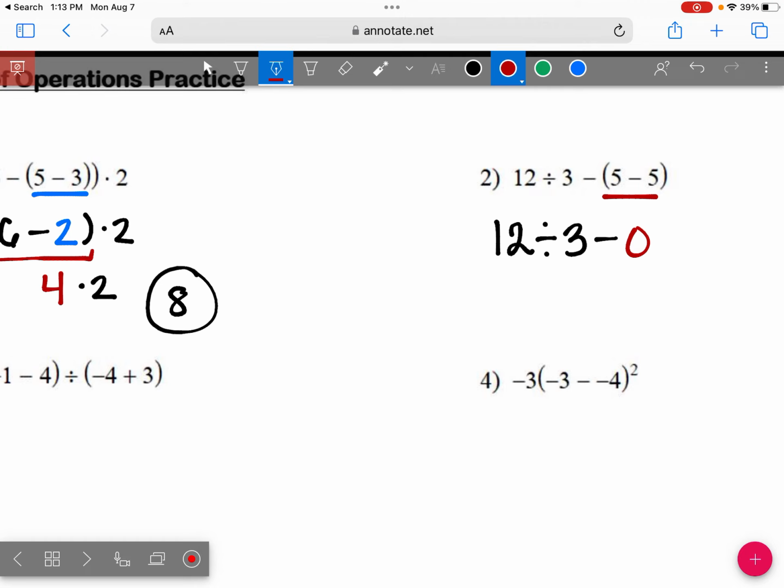What operation comes next? Division or subtraction? Raise your hand if you say division. Who says subtraction? It is division. Good job. So 12 divided by 3 is 4. And 4 minus 0 is 4. All right, I want you to try to do number 3 by yourself. We're going to end at question 4, so we just have 2 more questions.